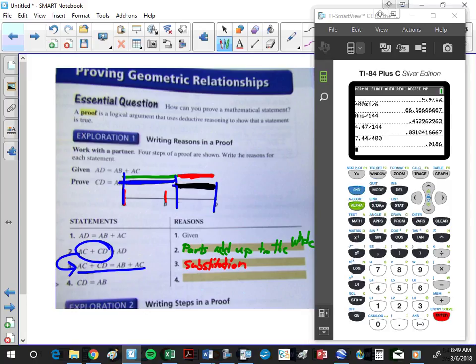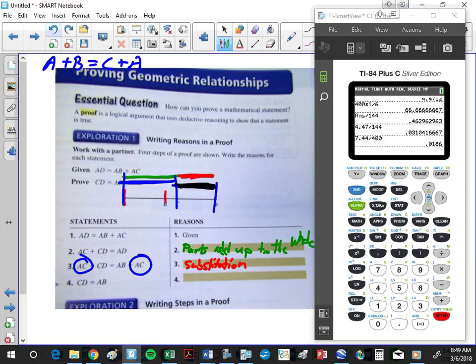You guys see it? There are two ACs. So we're basically saying something plus CD is equal to AB plus the same something. It's like saying, let's say A plus B is equal to C plus A. Well, what do I know about B and C?